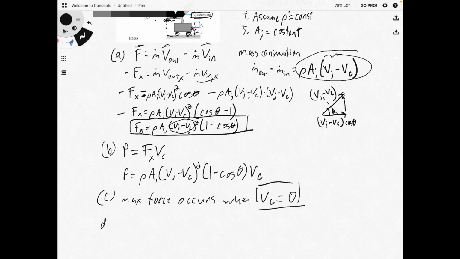And then finally for part D, now we're looking for the maximum power. And here, things are just a little bit more complicated than they were in part C. So for maximum power, we're going to find the point where dP/dVc is equal to 0.